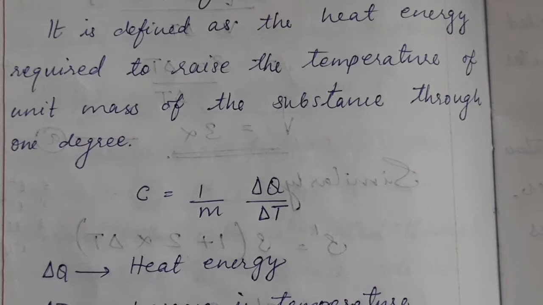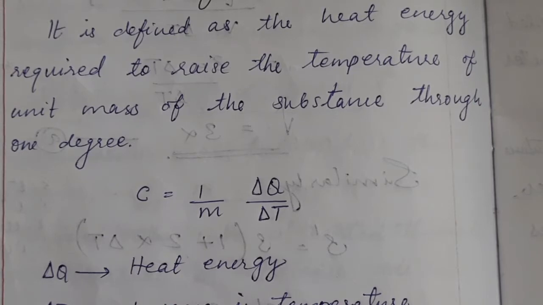For example, the amount of heat energy required to increase the temperature of water by 1 degree will be different from the amount of heat energy required to increase the temperature of iron by 1 degree. So it depends on the nature of the material.